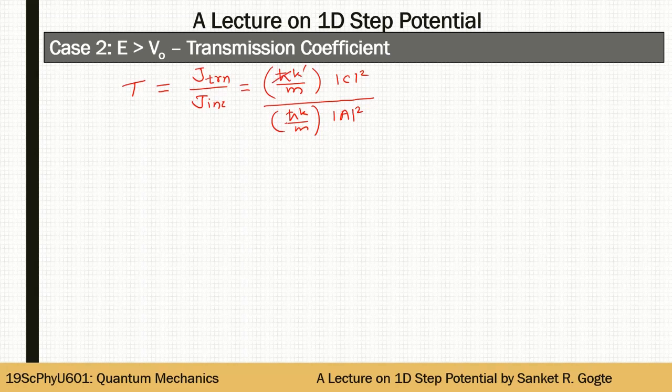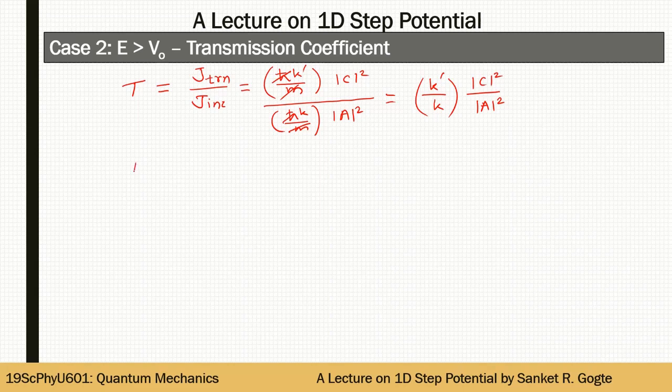So this h cross and m will cancel, and what we have is k prime by k into mod C square by mod A square. So we now first have to figure out this ratio, mod C square by mod A square, to calculate T.